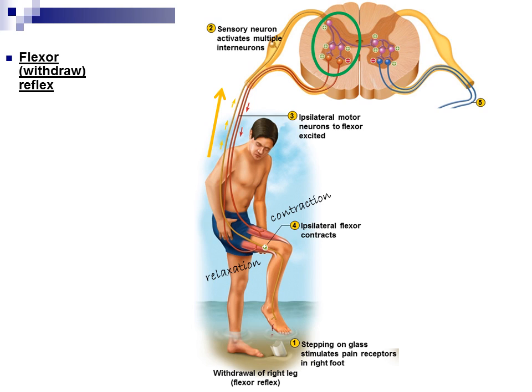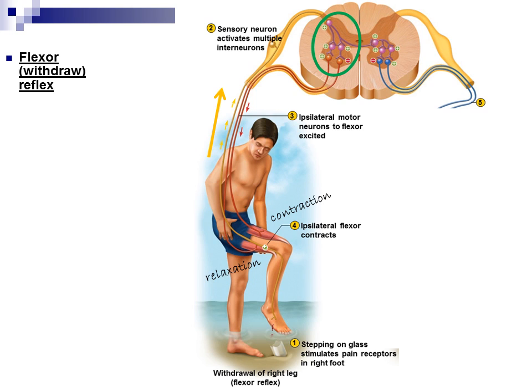Do you have any guesses as to why sensory neurons involved in the flexor reflex would not only result in the activation and inhibition of motor neurons on the same side of the body as the stimulus, but also cause the activation and inhibition of motor neurons on the opposite side? You may have realized that if we only flexed the leg that was injured to pull it away from the stimulus, without ensuring that our other leg was extended, then we run the risk of falling on our face.